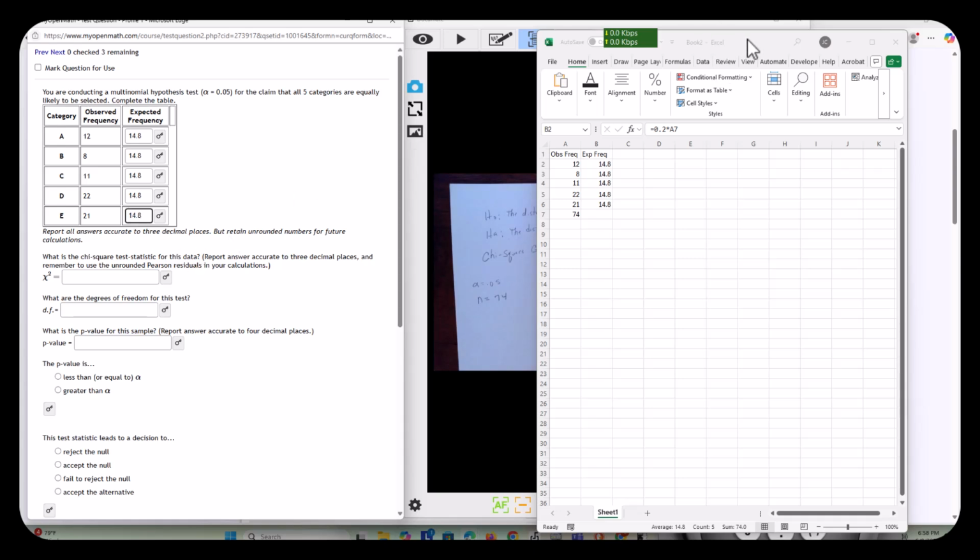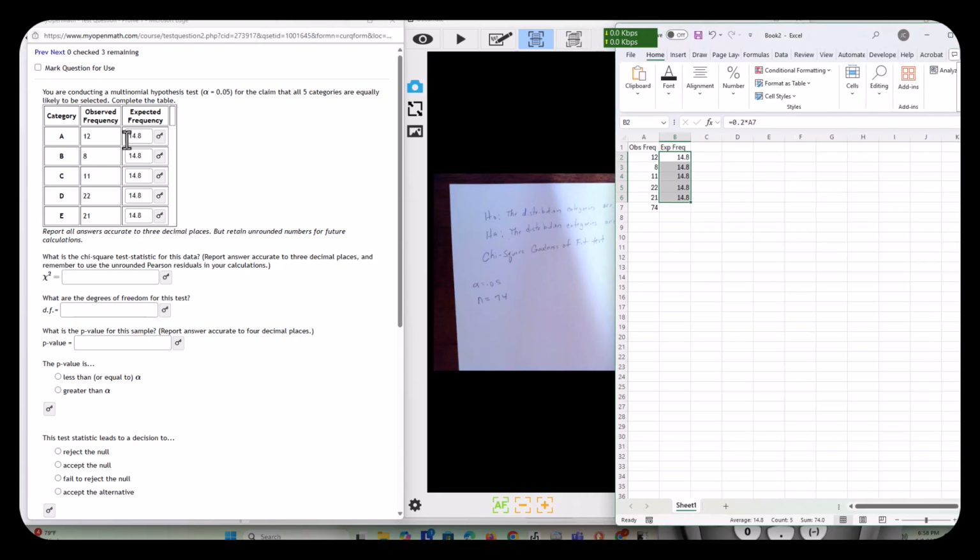Okay, and let's just look at the data. That's not too far off. That one's iffy. Not too far. That one's kind of far off, and that one is too. Is it statistically significantly off to where the distributions are not equally distributed or equally likely?